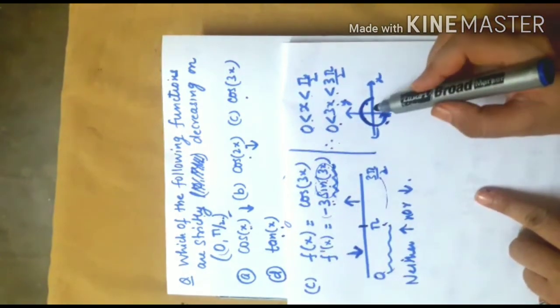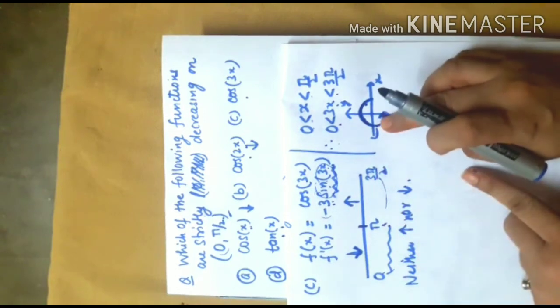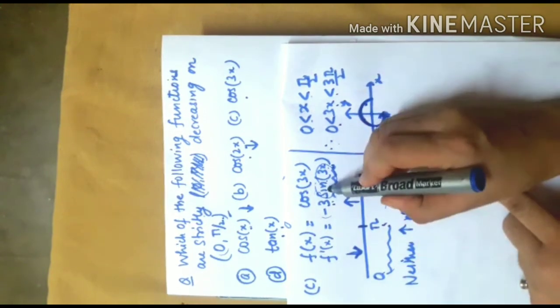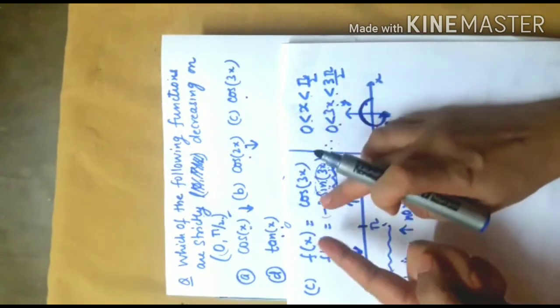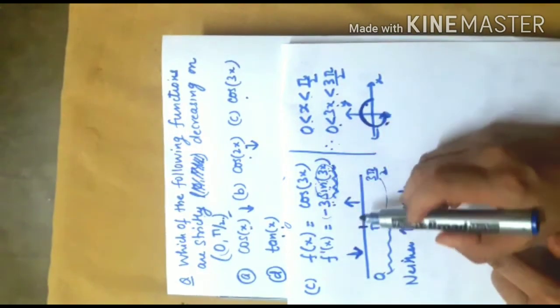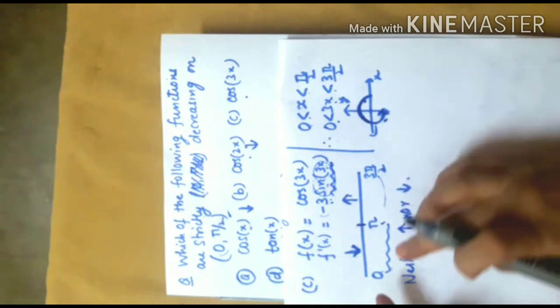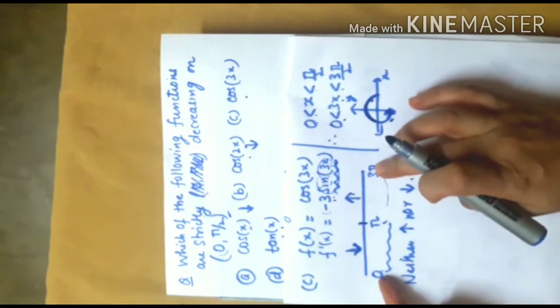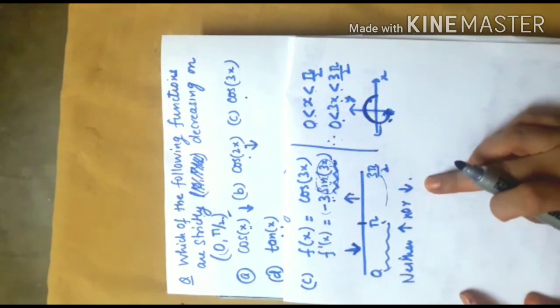But when 3x lies in this part, that is in the third quadrant, sine 3x will be negative. When this negative number is multiplied with negative 3, you will get a positive answer. So here the function will be increasing. But if I consider this entire part, then I'll conclude the function is neither increasing nor decreasing.